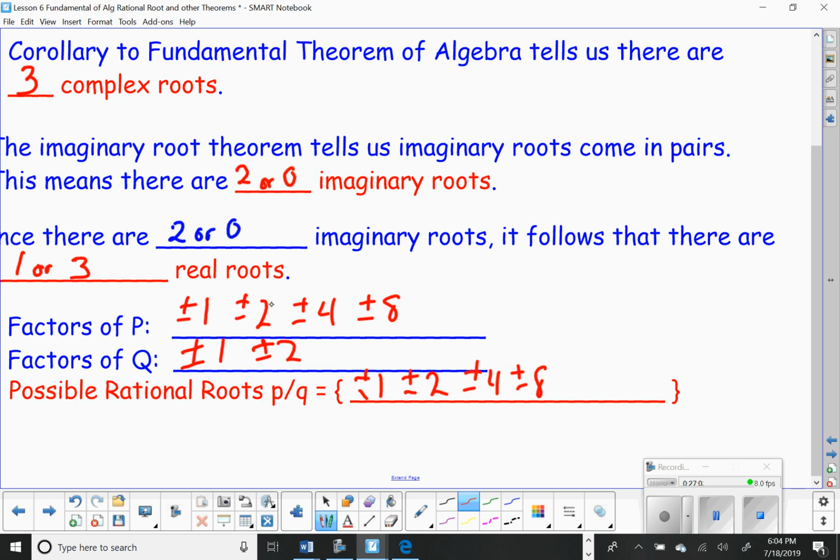Then you do 2 over 2, but you already have 1, so you don't do that one. Well, you do 1 over 2, so you get plus or minus 1/2. 2 over 2 is 2, so you don't need that. 4 over 2 is 2, you don't need that. And 8 over 2 is 4, you already have that. So this would be your possible rational roots. Don't double list things. Okay?